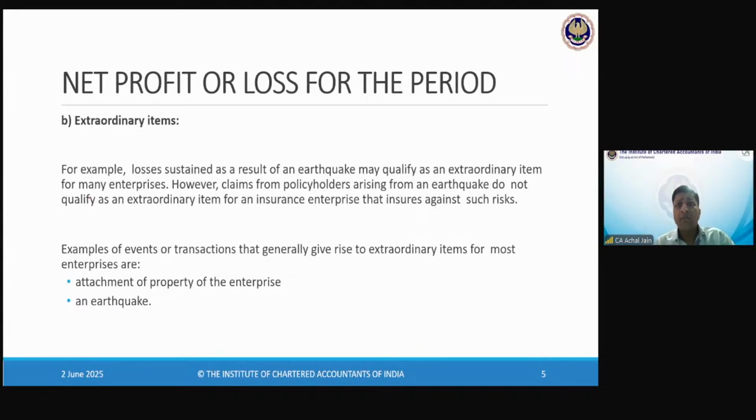We are now not talking about AS4 as to whether this is an event after the balance sheet date. We are just talking about if there is an event or a transaction, how do you record it? How do you present it? How do you disclose it? Similarly, let's suppose there's attachment of property of the entity. Any losses which are sustained by the entity, that's how you will be presenting them.